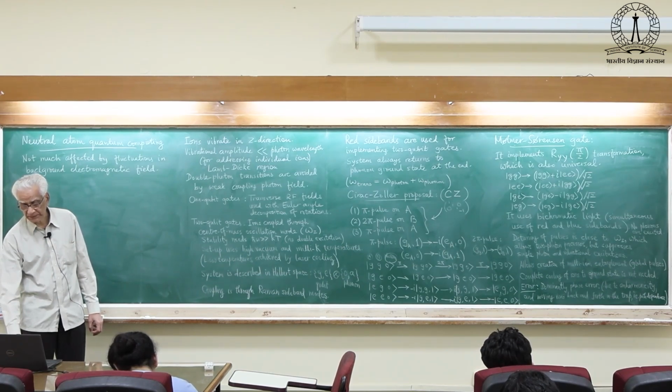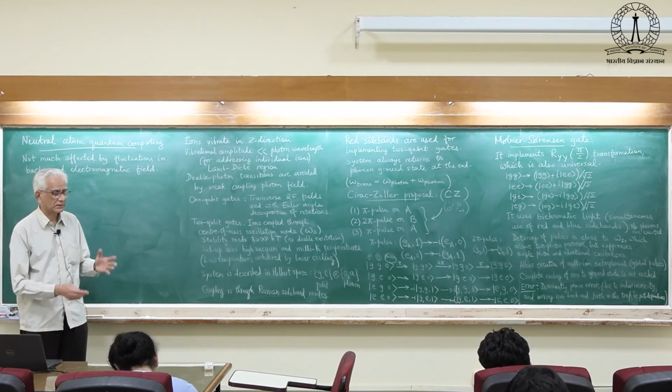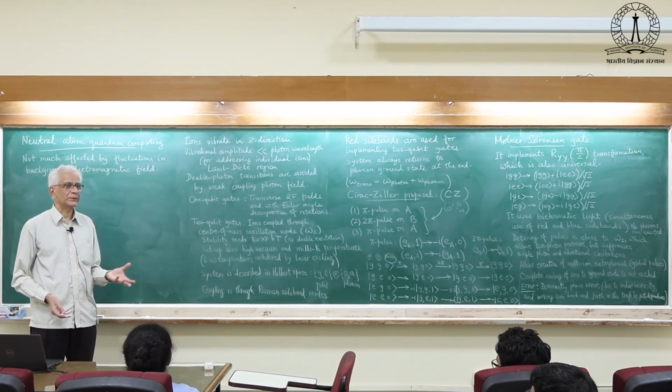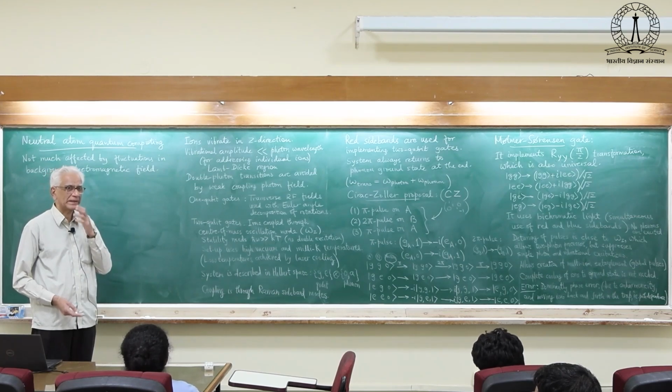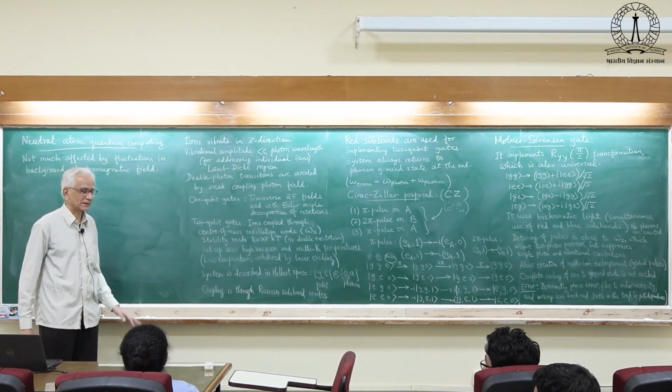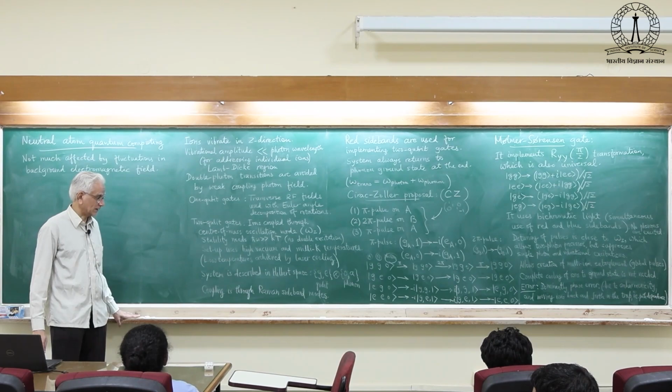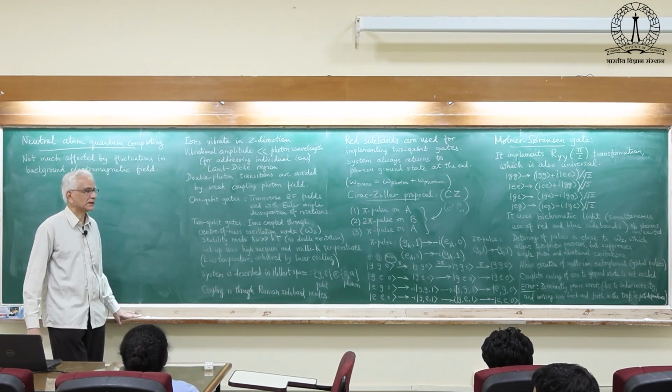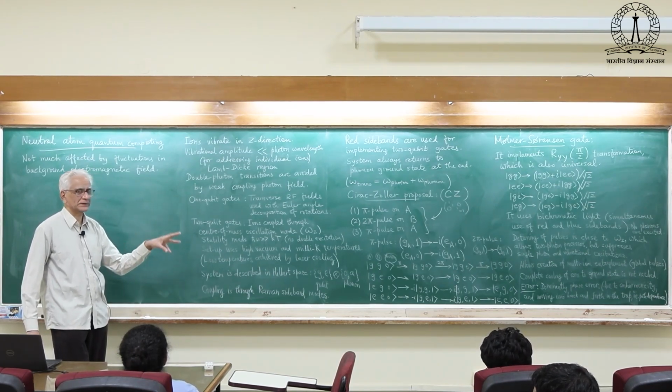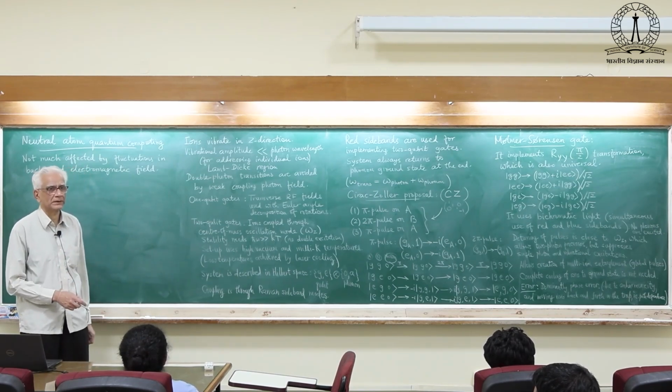But then the question comes about how do I hold neutral atoms in a place? That requires altogether different techniques. The reason being the ions responded to the electromagnetic field, and then I could design a trap to keep them in one place.